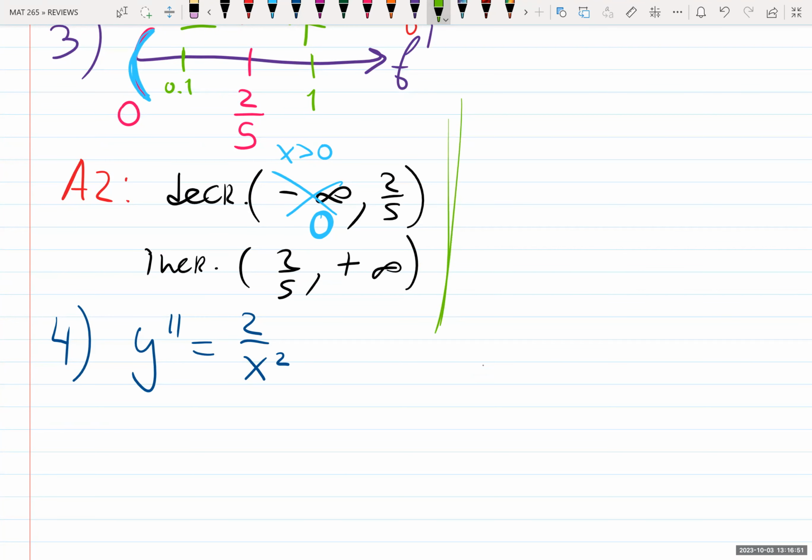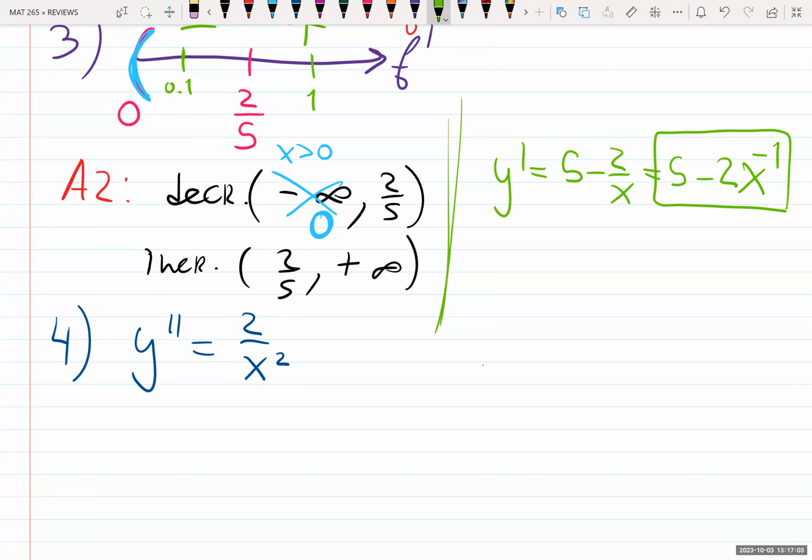Let me show you. Y prime equals 5 minus 2 over x, which can be written as 5 minus 2x to the minus 1. Highly recommend to do that to avoid mistakes. I'm doing it fast because I did it a lot. Second derivative.